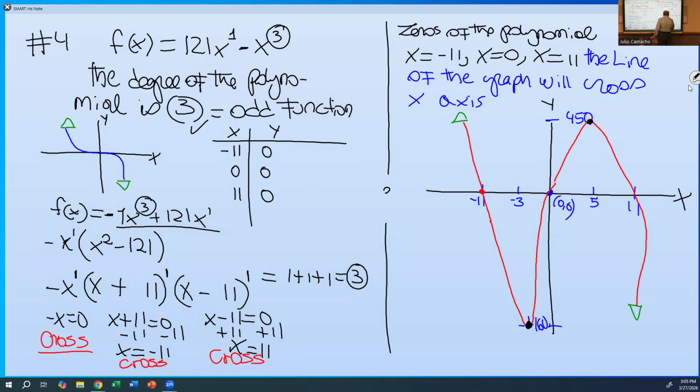And then the line increases, and when it gets to this second point, the line stops increasing and starts decreasing. And that is called the turning points, no? So we can predict, looking at the graph, that we have 2 turning points.